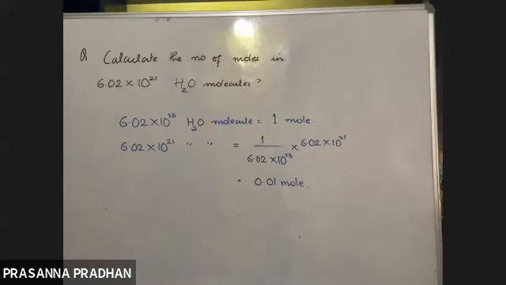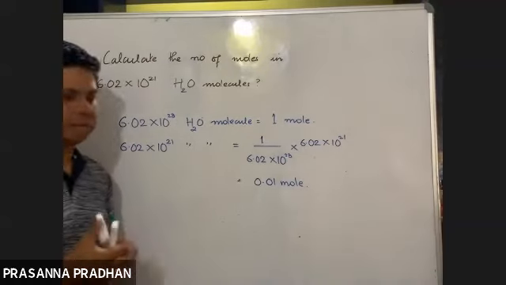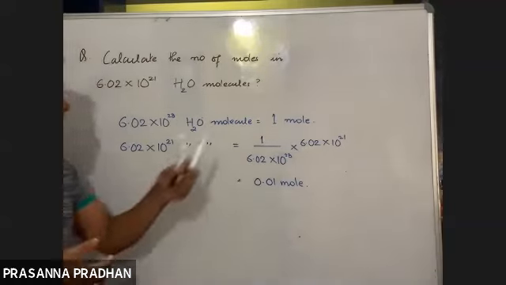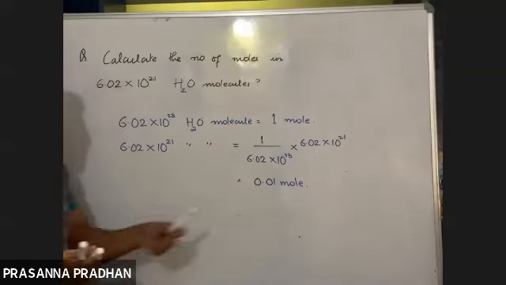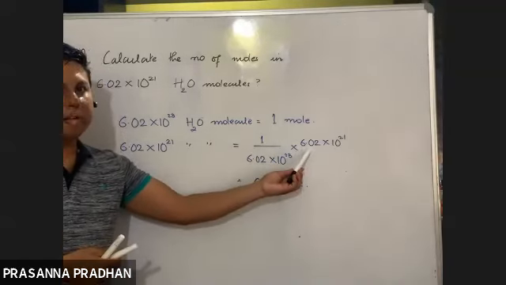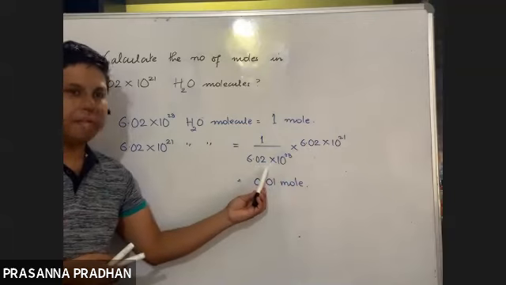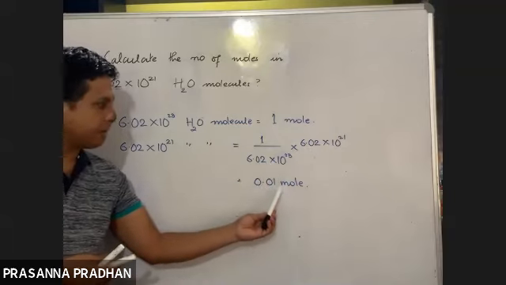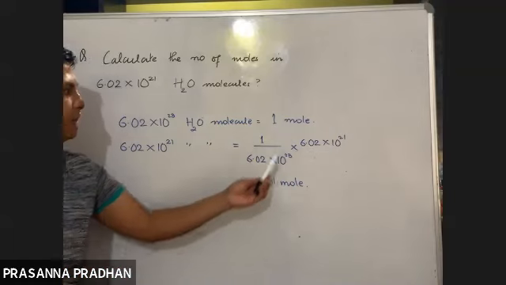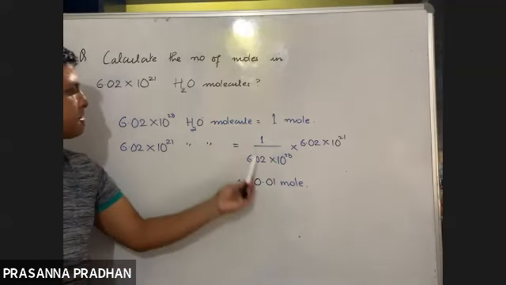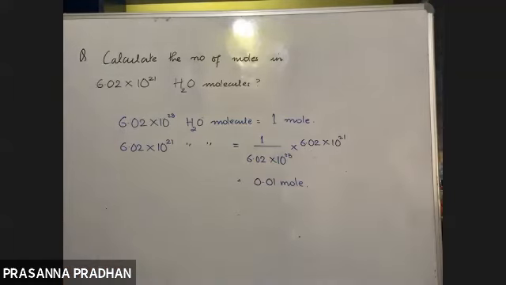So now again, let us closely look at this problem. What did we do just now? We found out the number of moles. How did we find out the number of moles? We divided the given number of molecules by Avogadro number of molecules. So what is the formula for calculating the number of moles then?